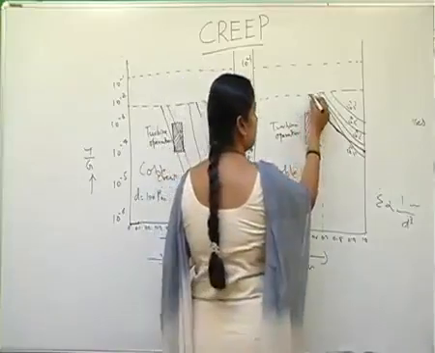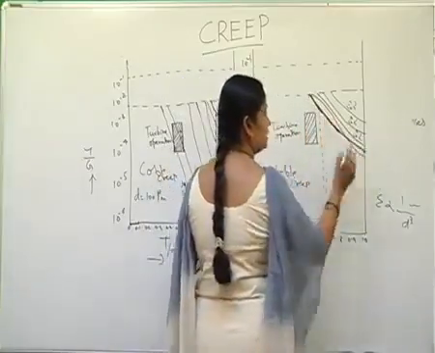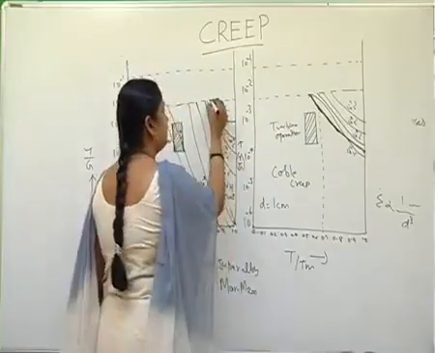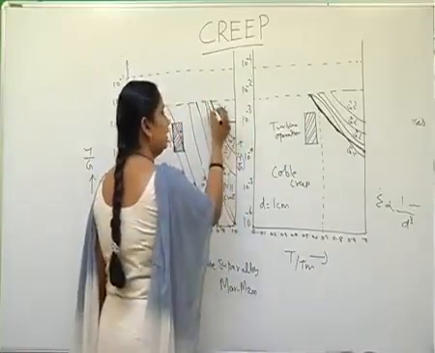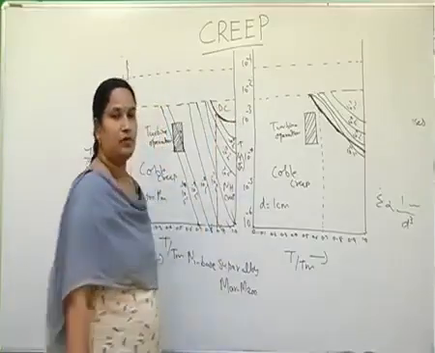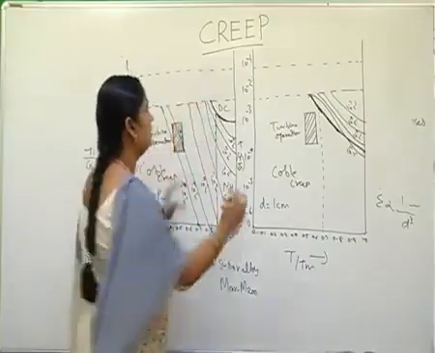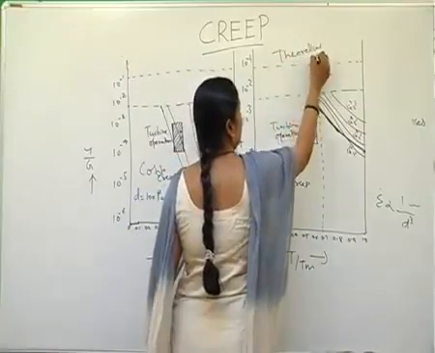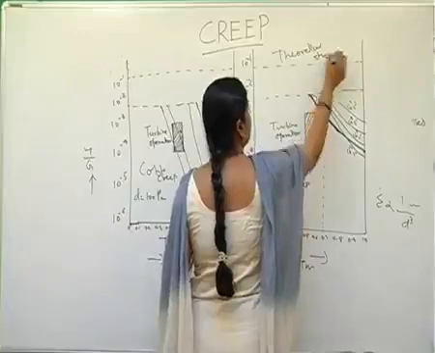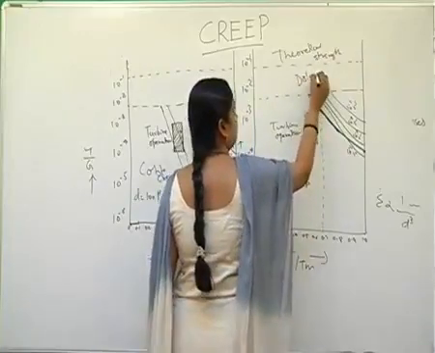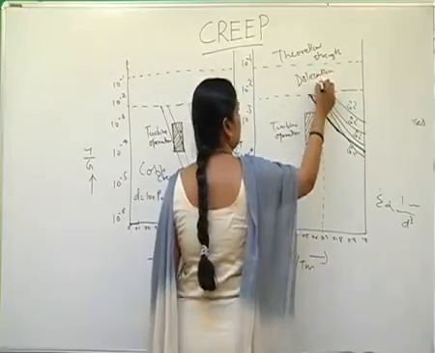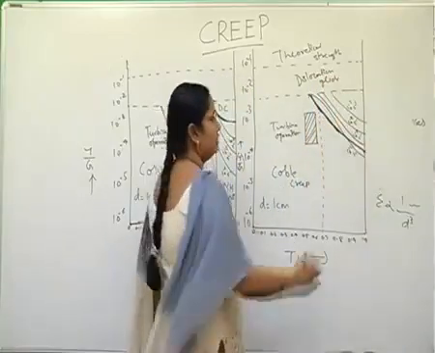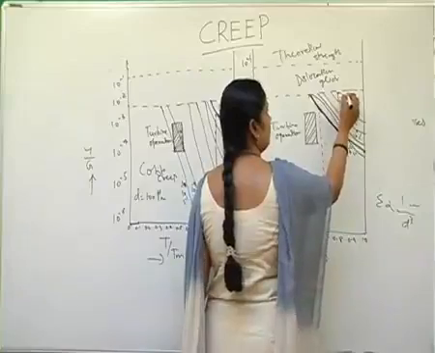And here we can see the power law creep, that is the dislocation creep, which has extended in this region, and this is the dislocation creep for this type of grain size. Everything here represents the theoretical strength, whereas this high stress region represents the dislocation glide, and the intermediate stress region represents the dislocation creep.